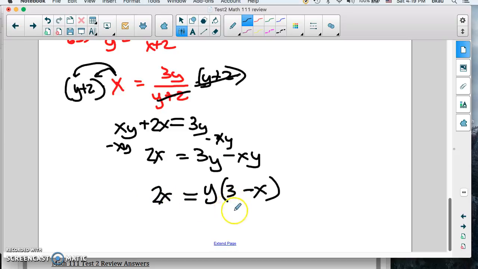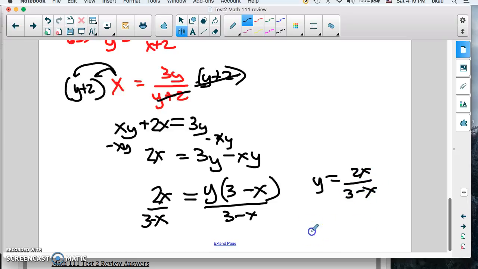Then we just divide by the 3 minus x to get the answer. So this is going to be y equals 2x over 3 minus x. Using function notation with a little -1, it would be 2x over 3 minus x. This would be our inverse.